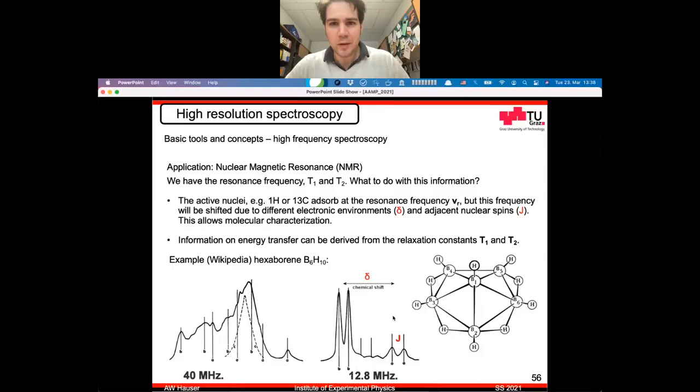And which one has more environments? I would guess the hydrogen atom is the simpler one because it can only be attached either to one boron or to two. And so I would say maybe the right-hand one is the hydrogen, and then the boron.